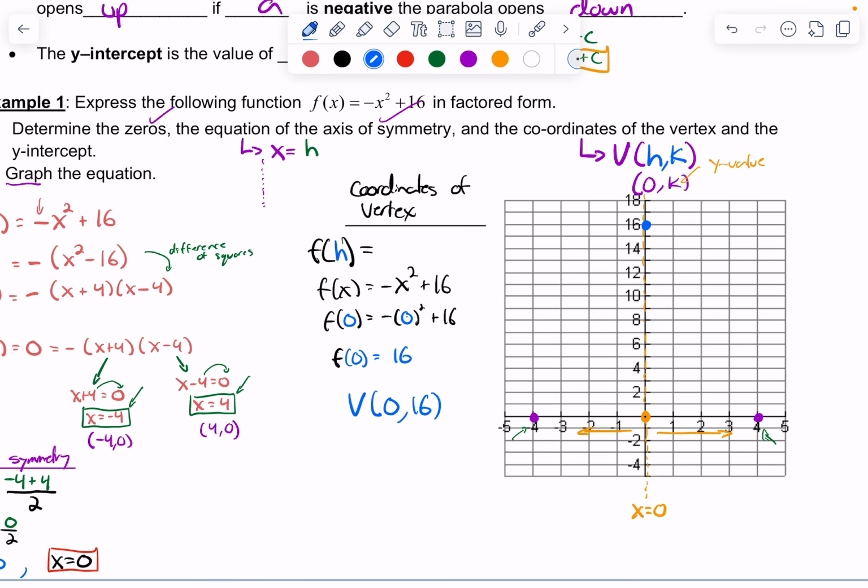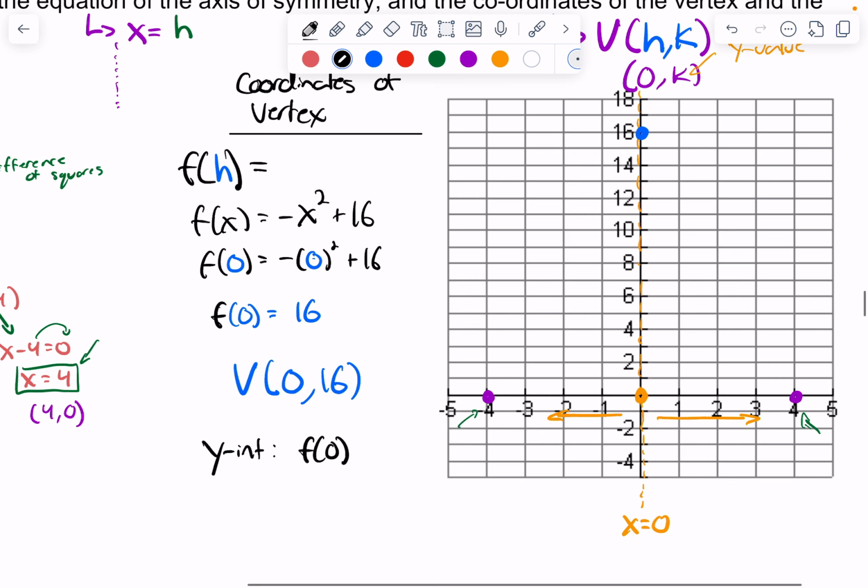The last step was finding the y-intercept. Well, we've already kind of done that. The y-intercept is found when the function is evaluated at 0. Well, it just so happens that our h from the previous problem was also at 0, so we've already evaluated the function at 0.